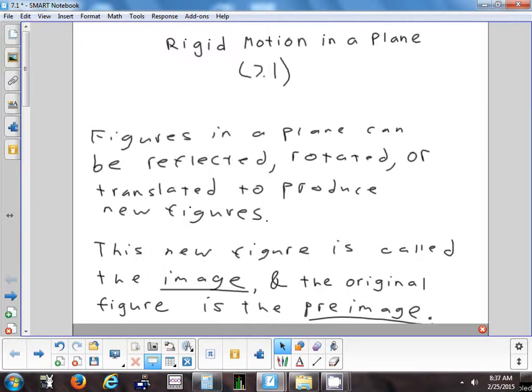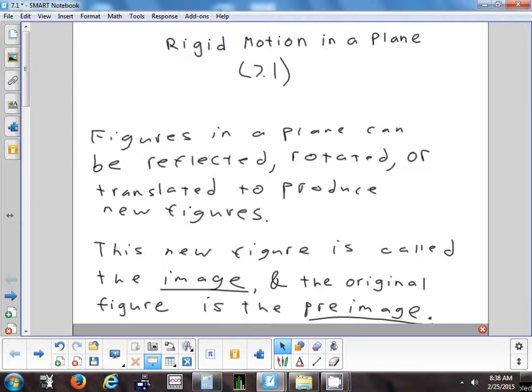Okay, when we do a transformation, we have what's called an image and a pre-image. The pre-image is what you start out with. Think of pre means before you do anything to it. The image is what you get after.